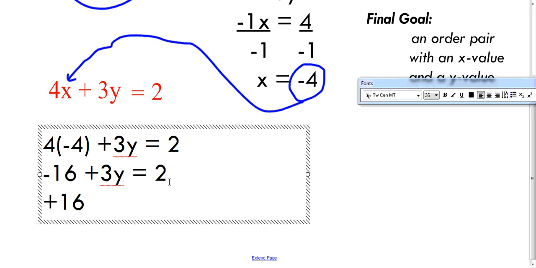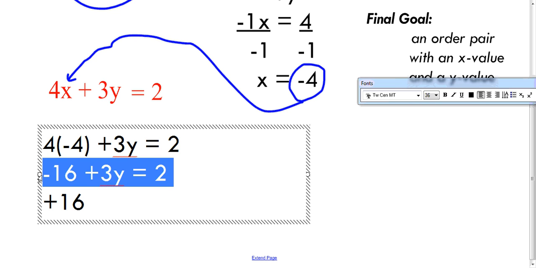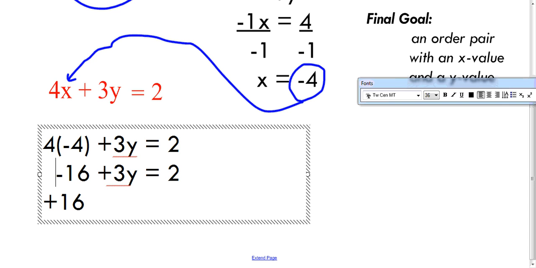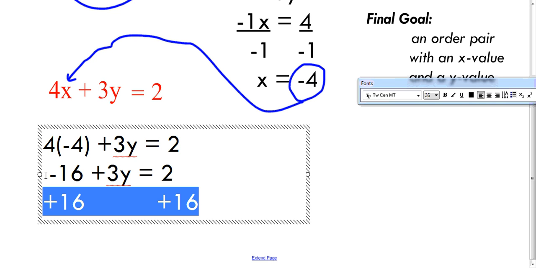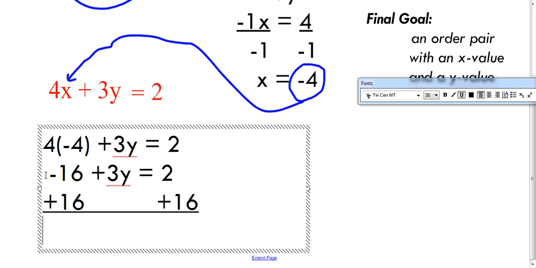This is obviously the place where somebody's going to hit pause on this because I'm talking too fast. And then we add these all together. So now I only have 3y is equal to 18.